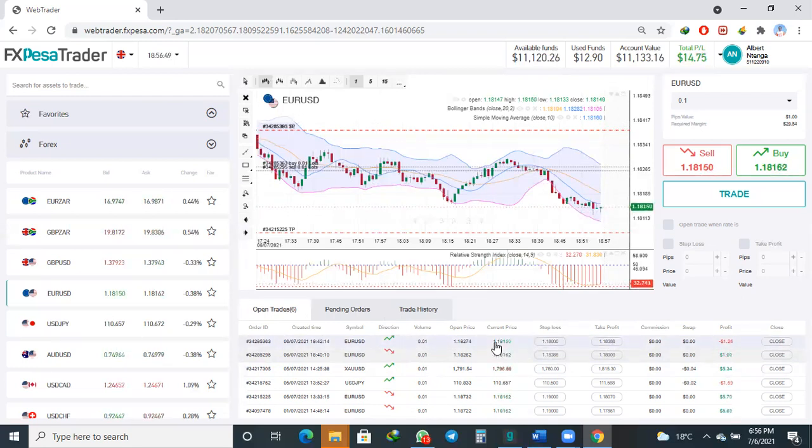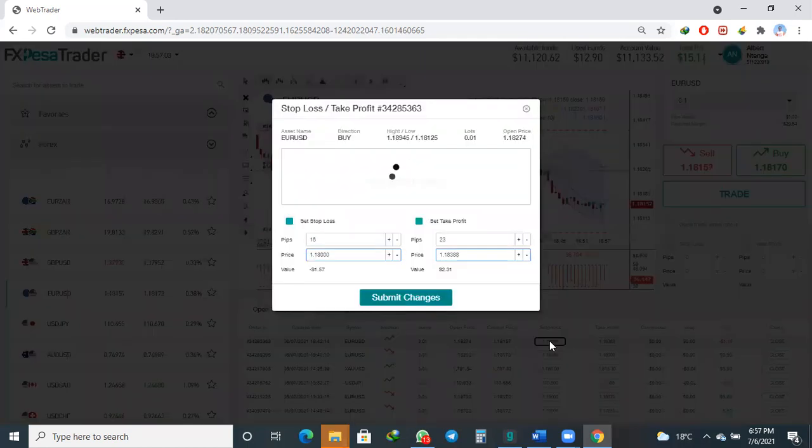Notice that when you left click on the open price, current price, or the trade itself, it can't open, but you have to left click on either the stop loss or the take profit. Once you do that, you can edit that trade.